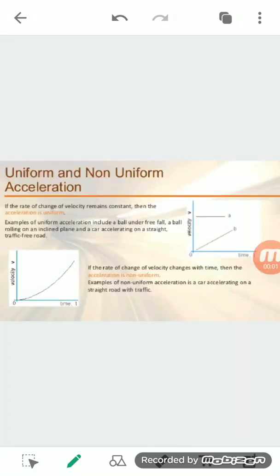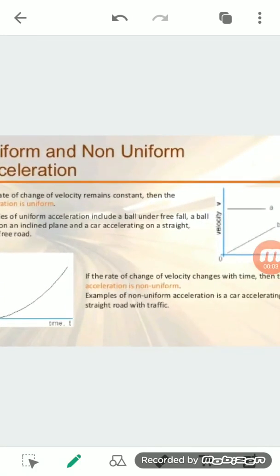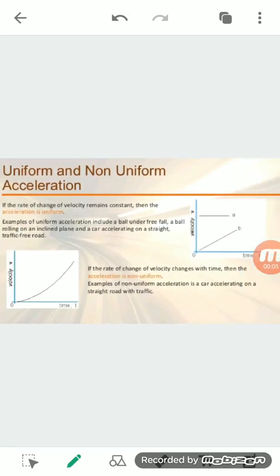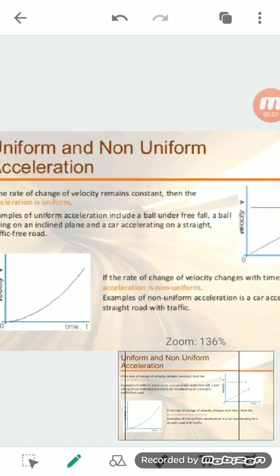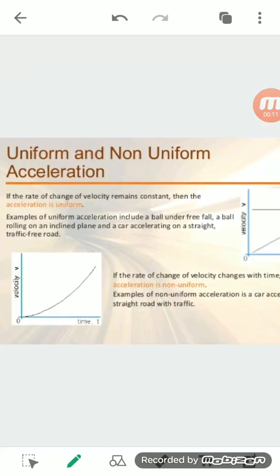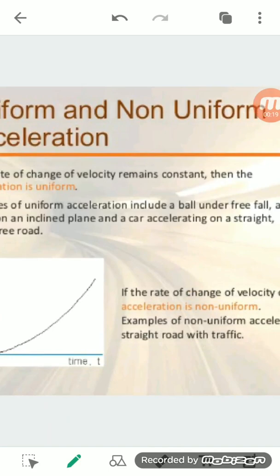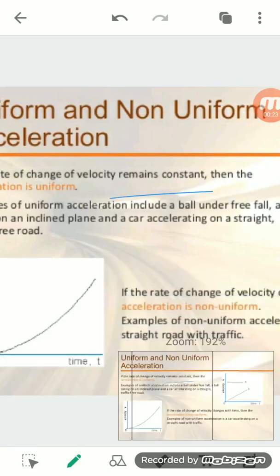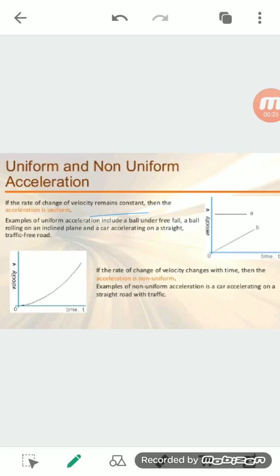Now we will talk about the uniform and non-uniform acceleration. Actually we already had discussed it, but we will simply see here the kind of graph which is made by the uniform and non-uniform acceleration. We had discussed that in uniform acceleration, the rate of change of the velocity remains constant. Then that acceleration is known as uniform.